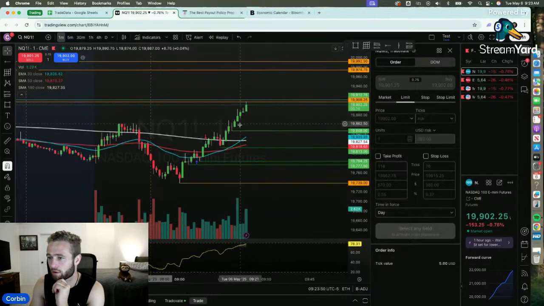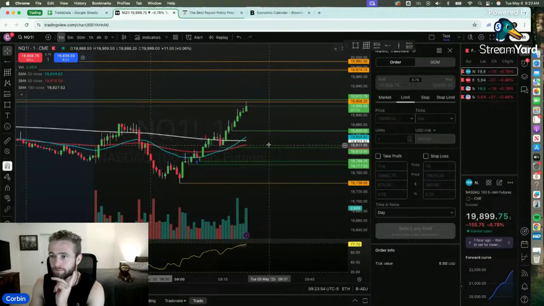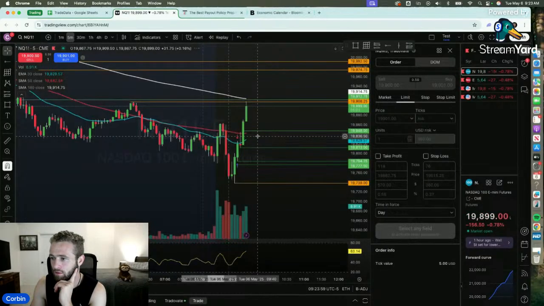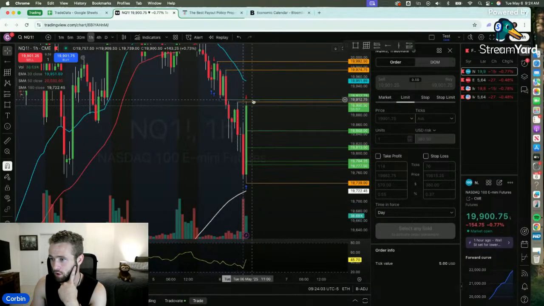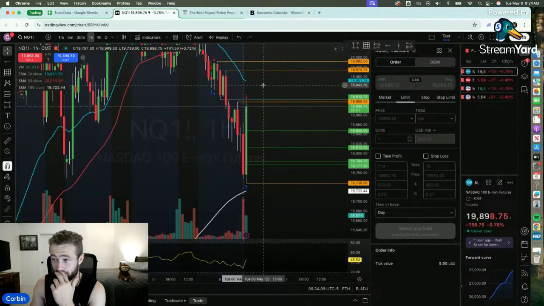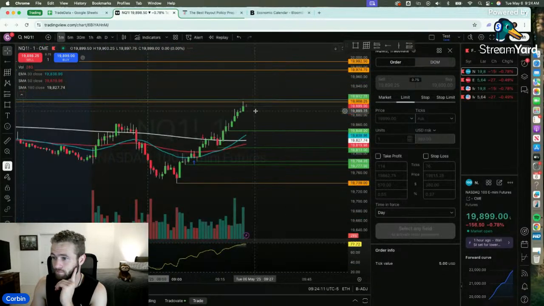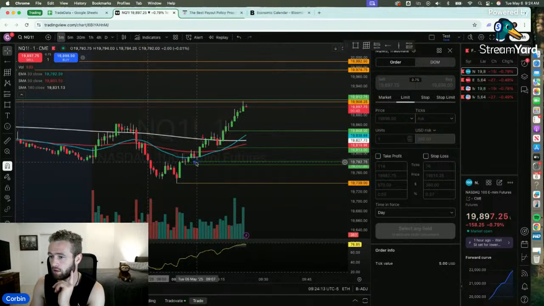Because right now, we don't have a clear break of structure until it breaks below this level here. Because that is a 1 hour. Yeah, that's a 1 hour fair value gap. So this candle could just blow right past and go all the way up to the next one. And if that's the case, that's the case. There's nothing wrong with that. But we got low, low, low, low.